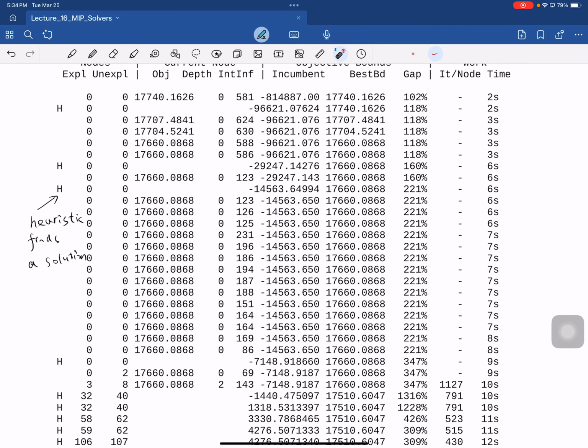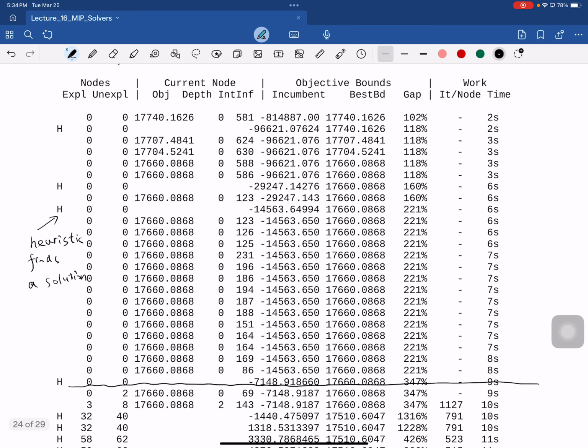So if you look at this particular line here, this is a line where the solver hasn't even started doing any branch and bound, right? The number of nodes is 0 here, and the bound you find at the root node is this number here.